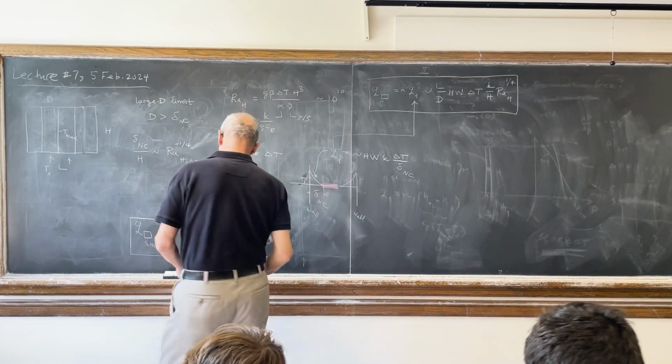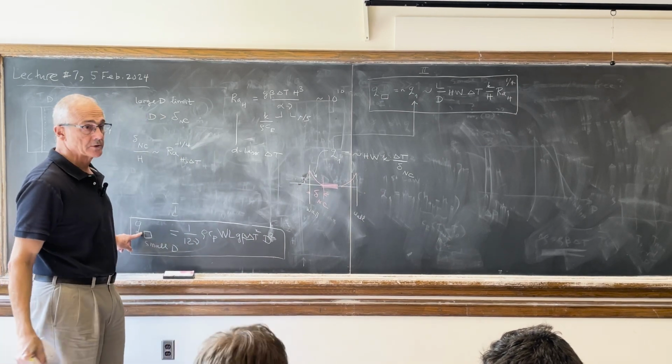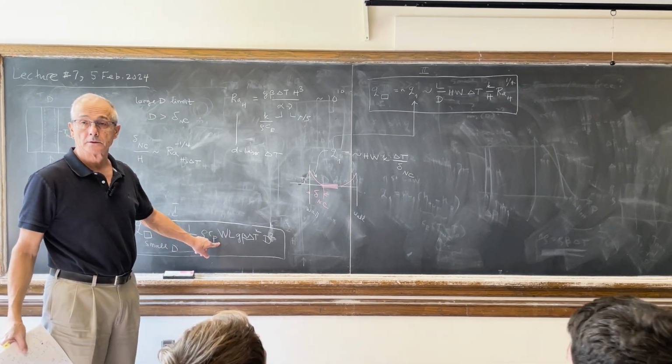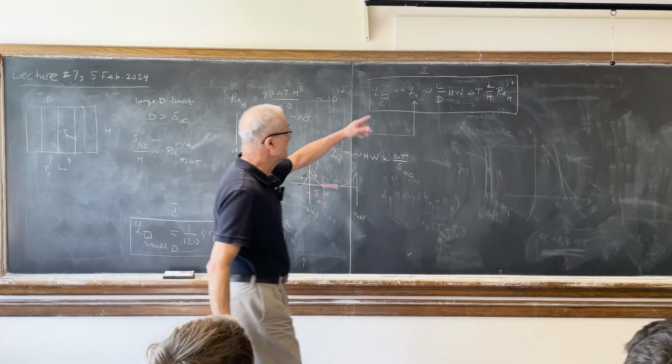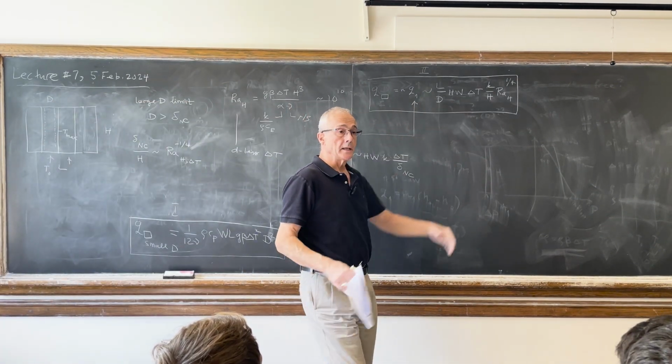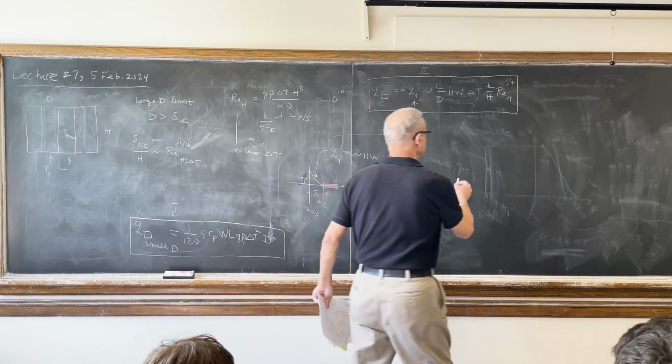You see here, Roman 1 is essentially total heat transfer rate divided by W, meaning per unit length perpendicular to the blackboard, is the same here. And here's the drawing.